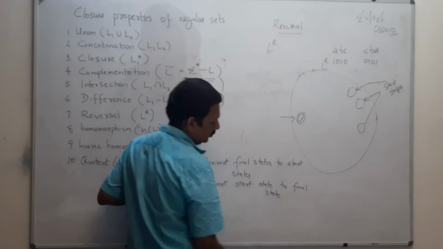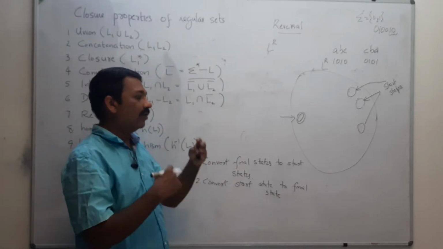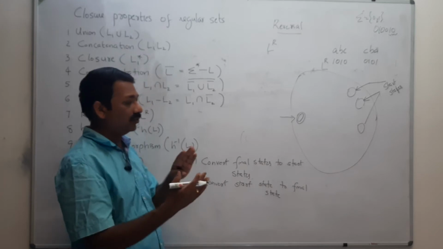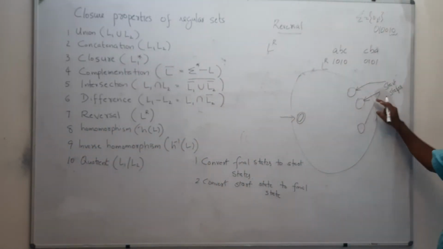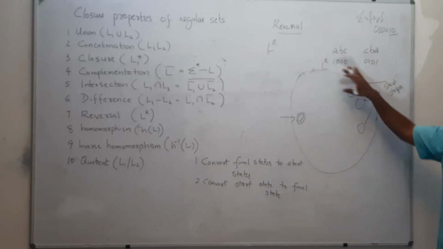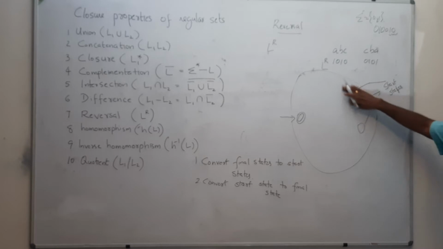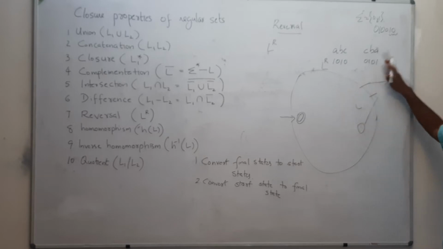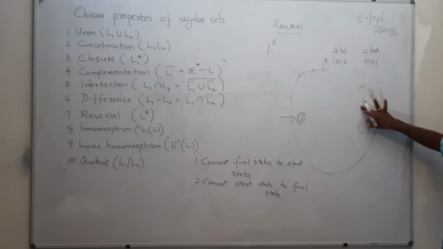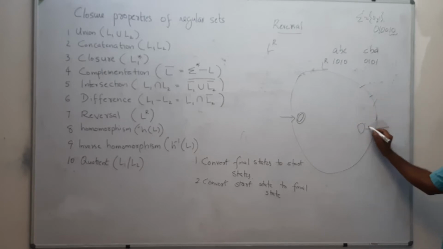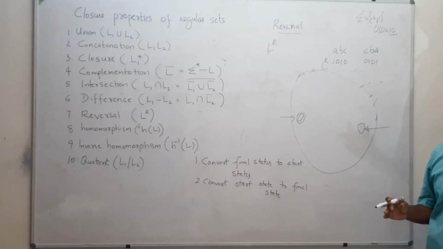Now, in this example you have more than one final state. If you have only a single final state, then after this reversal you have only a single start state. In that case there is no need for any modification.